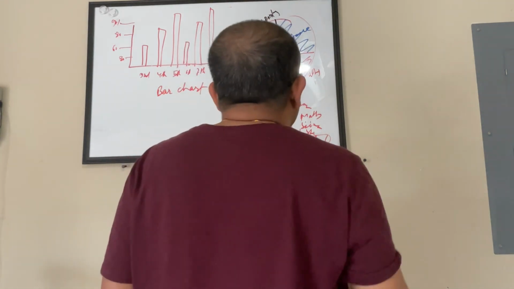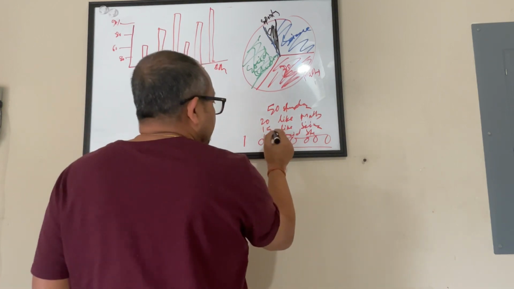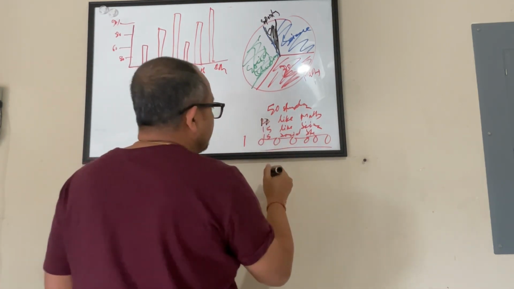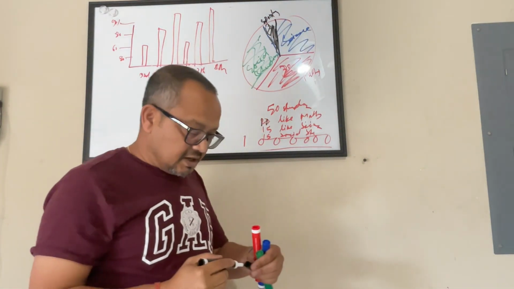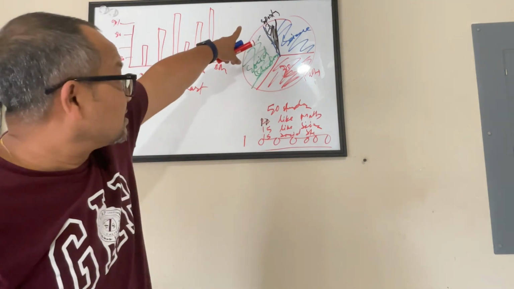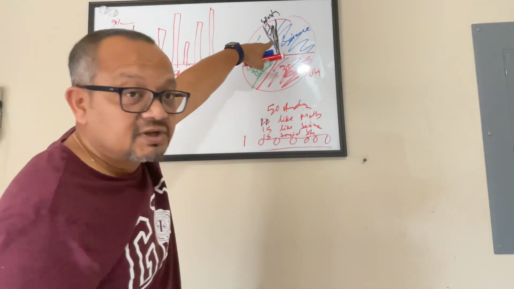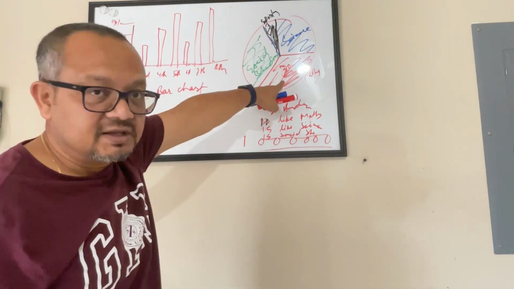Okay. Let's say science has 17, and then here you have 3 students. So by looking at this pie chart, you can make out that my smallest group is sports, my biggest group is maths.